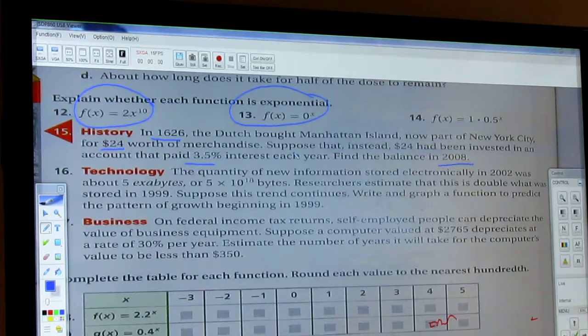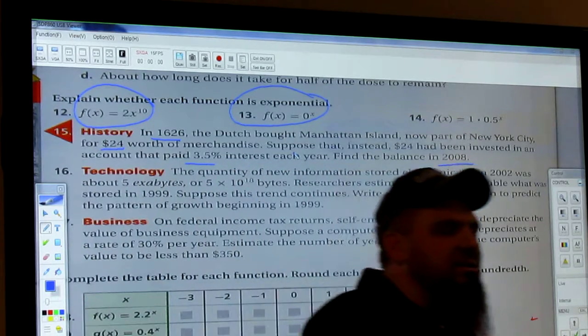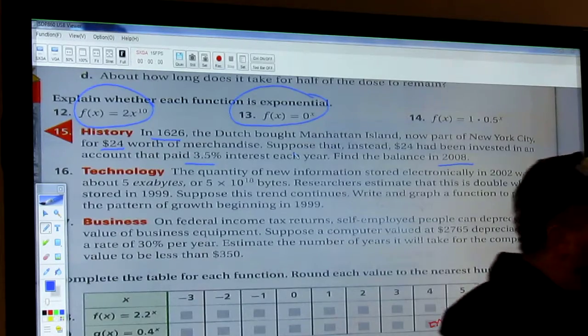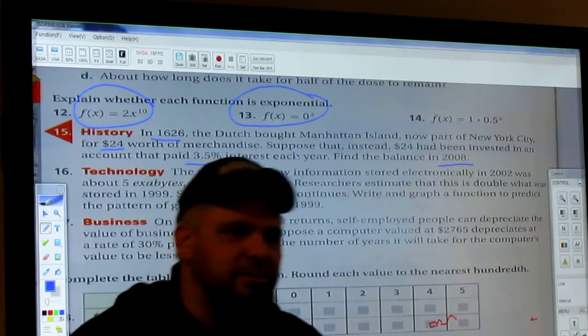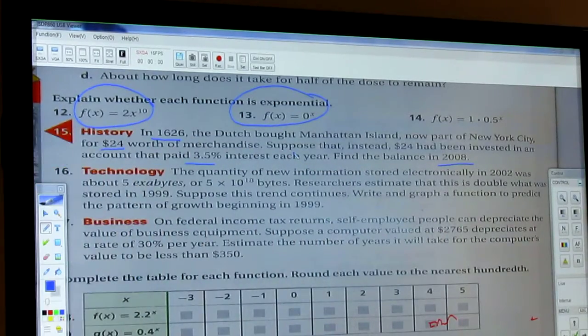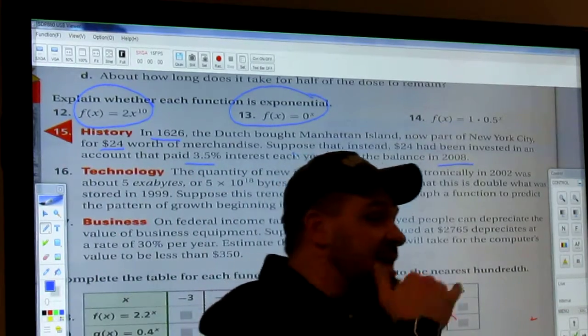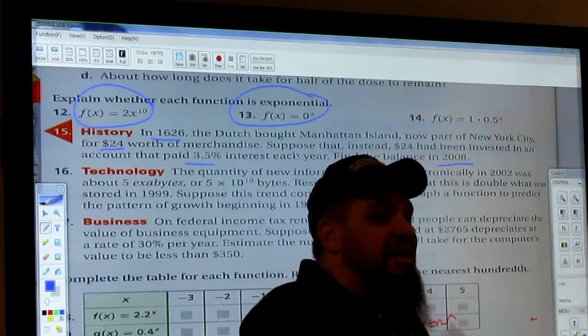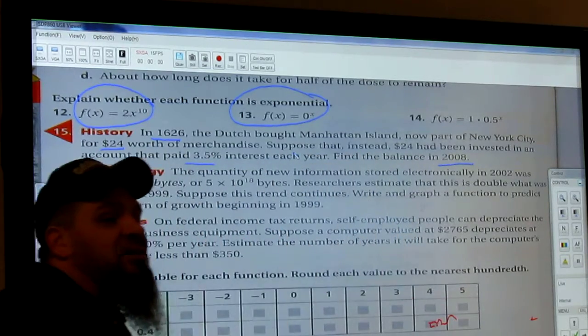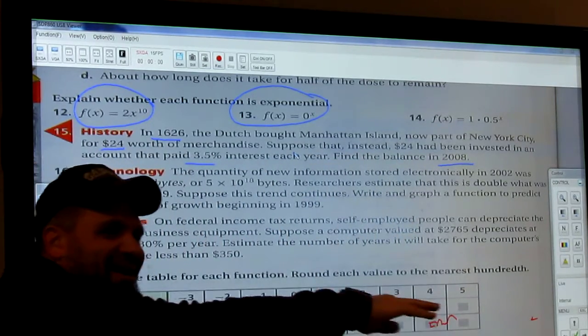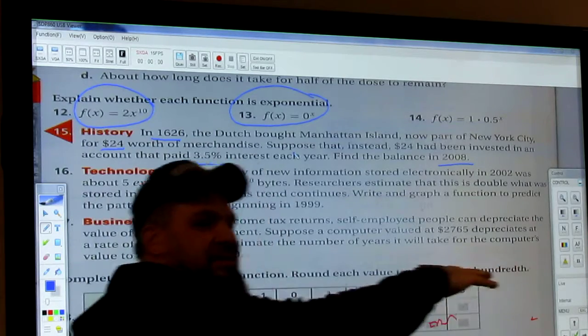But does it grow? What is 0 to the second power? 0. What is 0 to the 8th power? What is 0 to the 20th power? 0. And it doesn't grow and it doesn't decay. So it's neither growth nor decay, but it is an exponential function that looks like a constant, because it's always 0. Does that make sense?